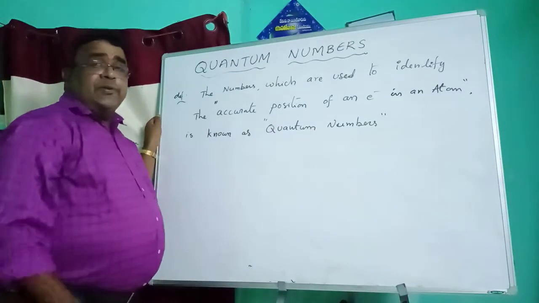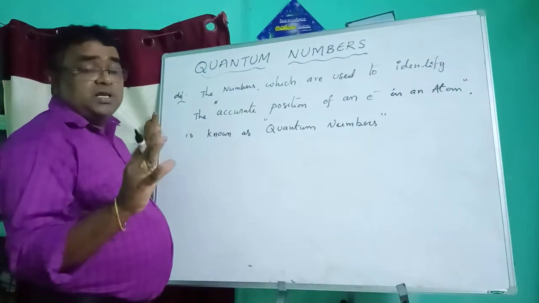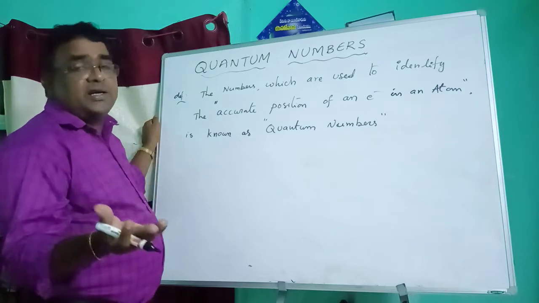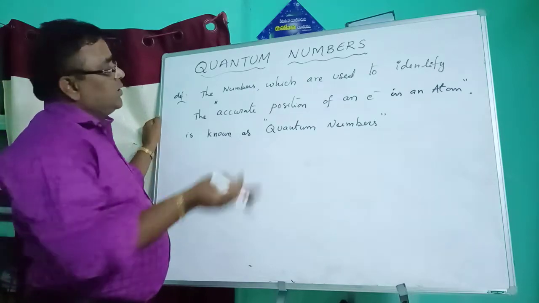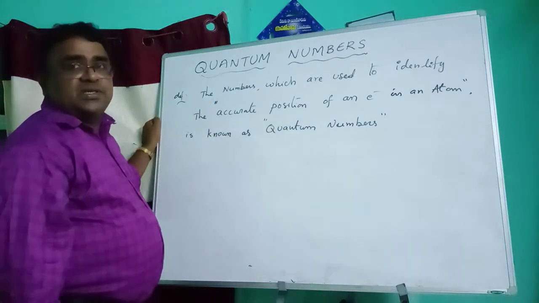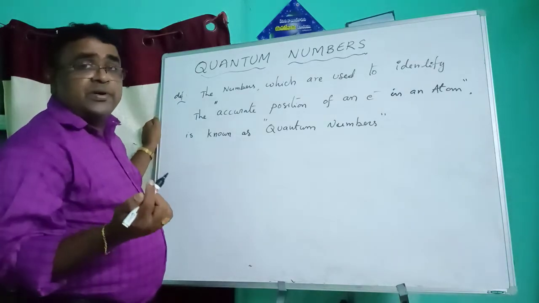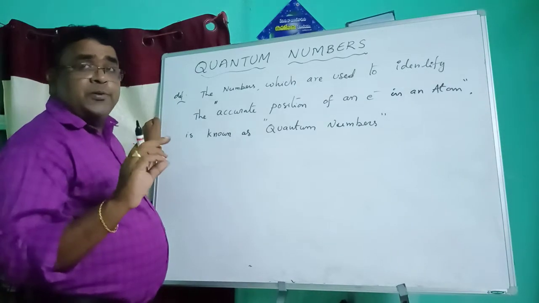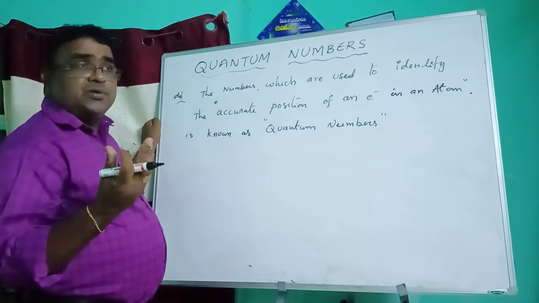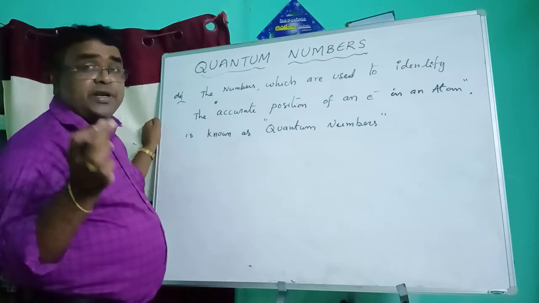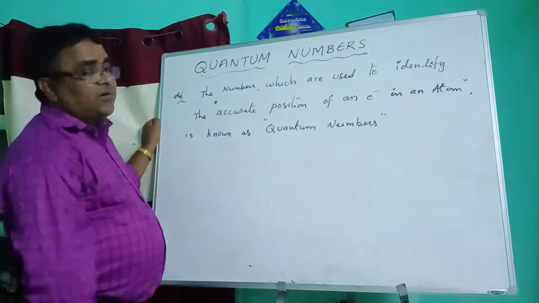Simply say, to find the correct position of an electron in an atom, some numbers are used. Those numbers are known as quantum numbers.